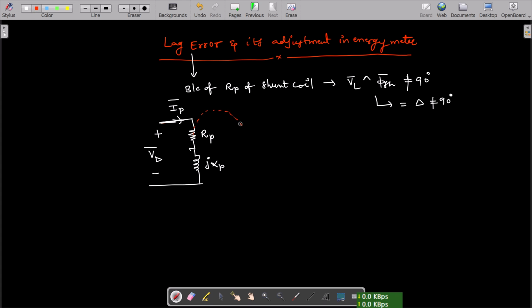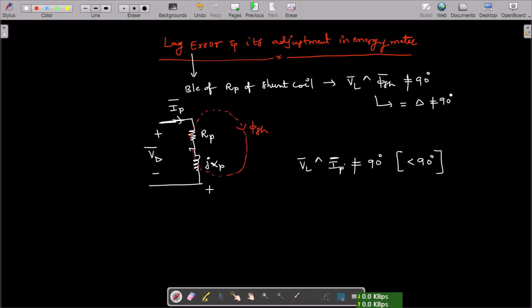Since this is an RL circuit, the angle between this voltage phasor and current phasor will not be 90 degrees; rather it will be less than 90 degrees, and the current lags this voltage VL.